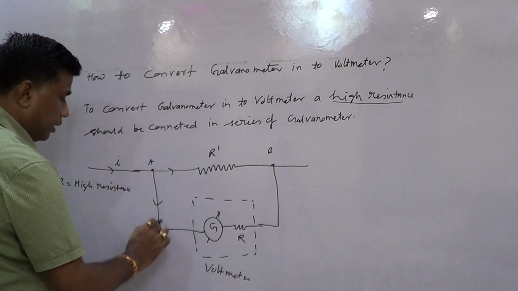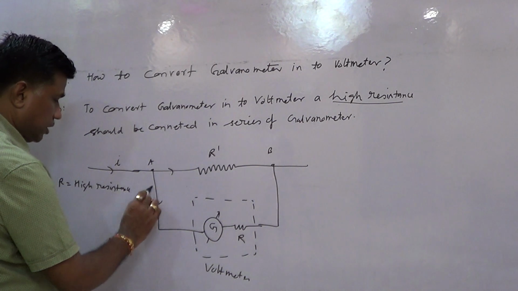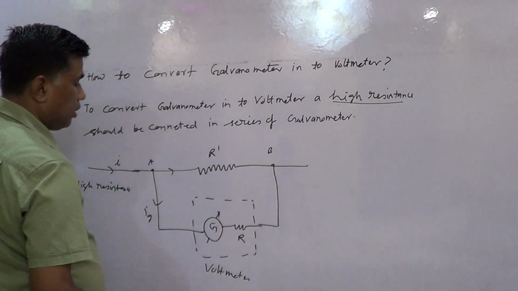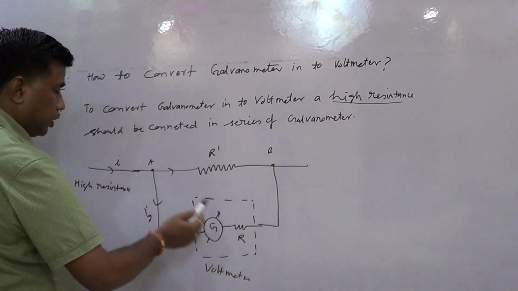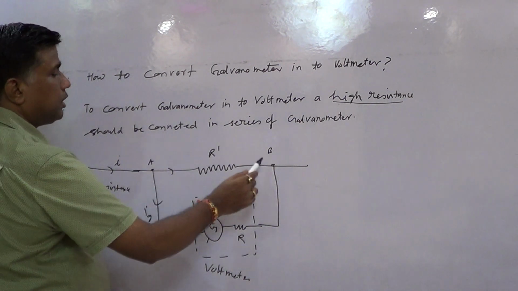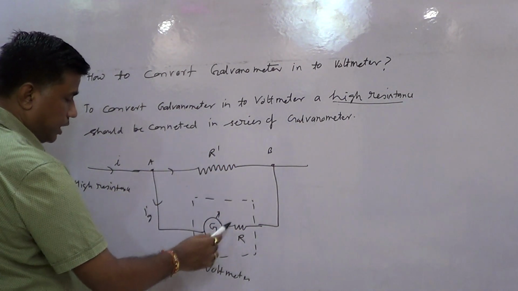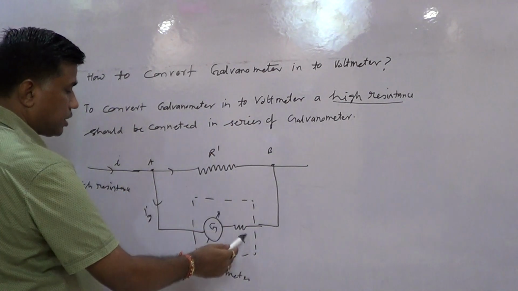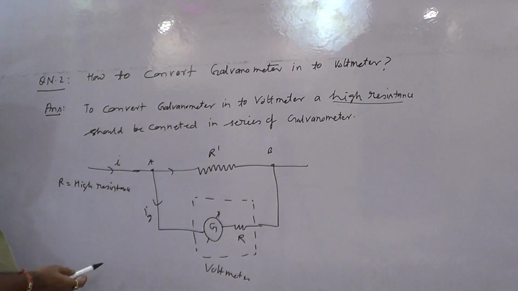A very small part of the current, I suffix G, will pass through this way. Because this resistance is very high, most of the current will pass through the other path. Because I have written that this resistance R is a high resistance.